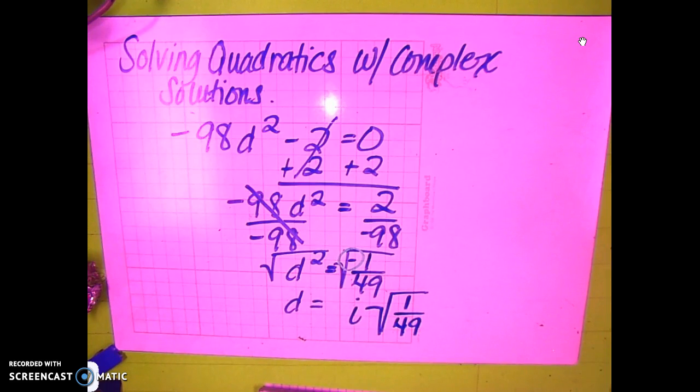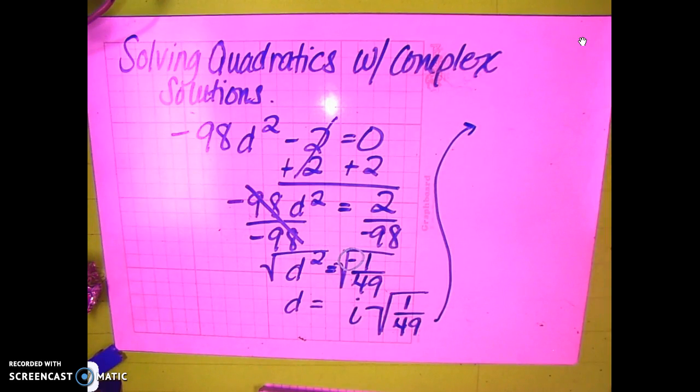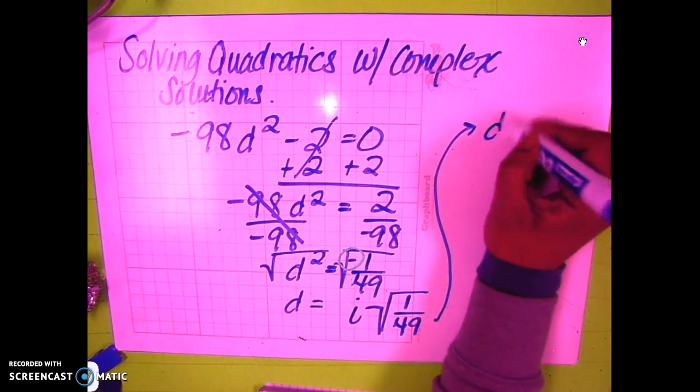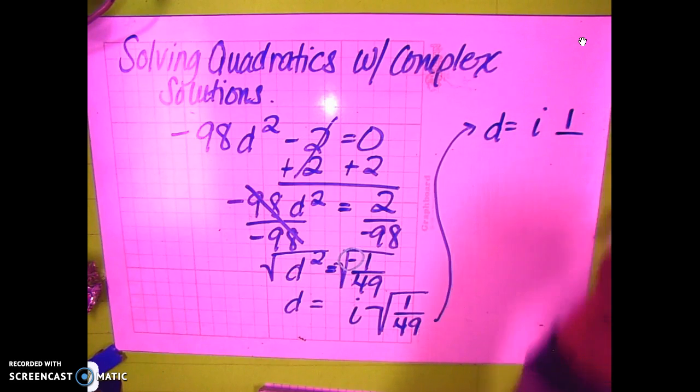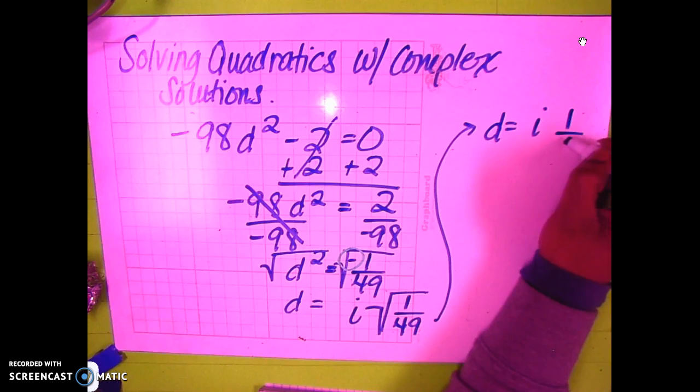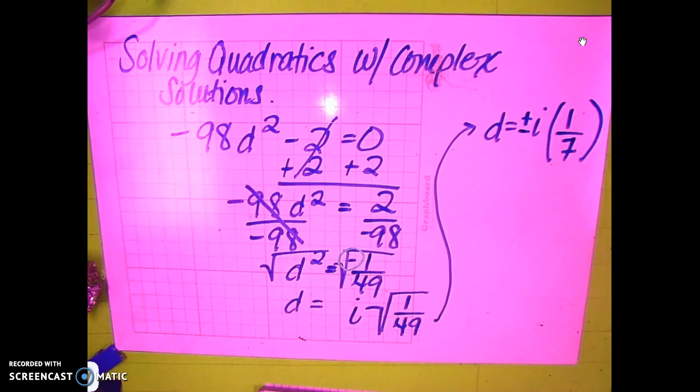Now I can take the square root of 1 over 49. The square root of 1 is just 1, and the square root of 49 is just 7. So my answer is d equals plus or minus i times 1 over 7.